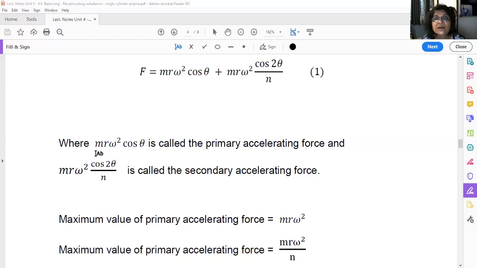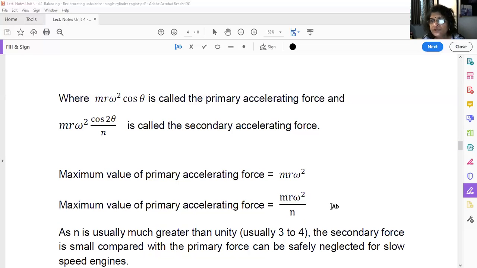This is the magnitude of the primary force and secondary force. What is the maximum of the primary force, when cos theta is 1? The maximum value of the primary force is m r omega square. What is the maximum value of the secondary force, when cos 2 theta is equal to 1? It will be m r omega square upon n.